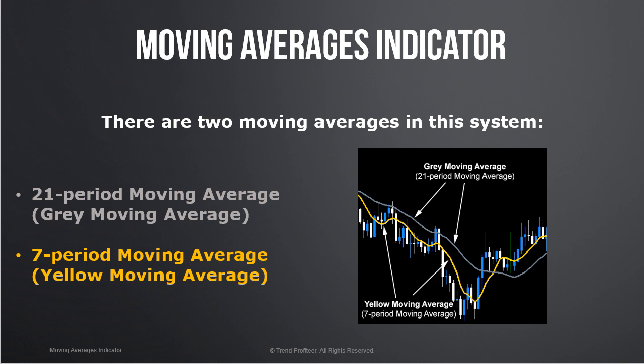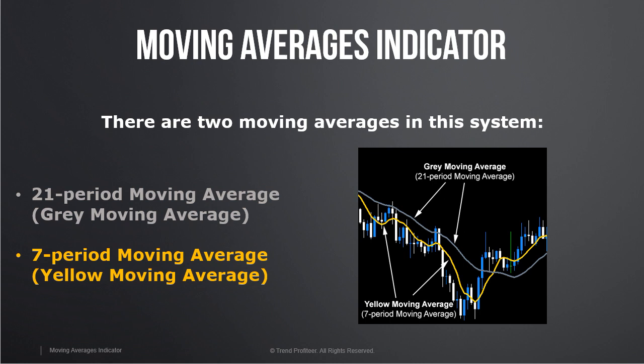So in the Profiteer system, there are two moving averages that we use, the 21 period moving average, or the MA21, and we refer to it as the gray moving average because it's gray. And then we have the 7 period moving average, or the MA7, which we refer to as the yellow moving average, and that's because it's yellow.